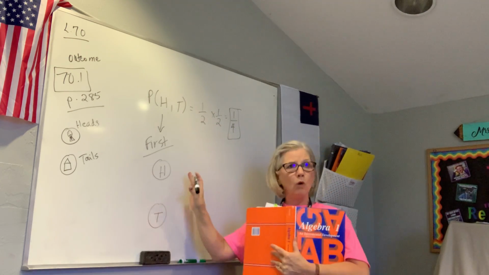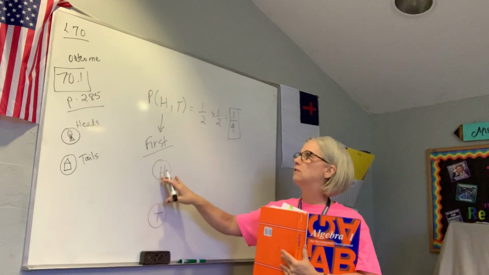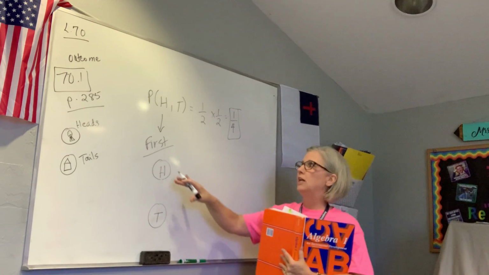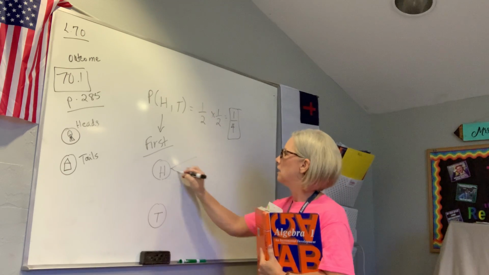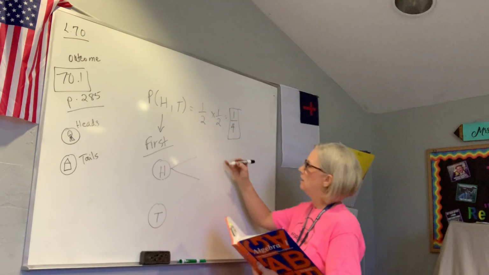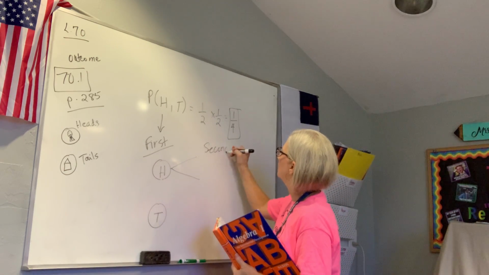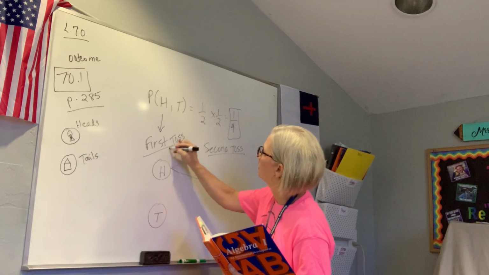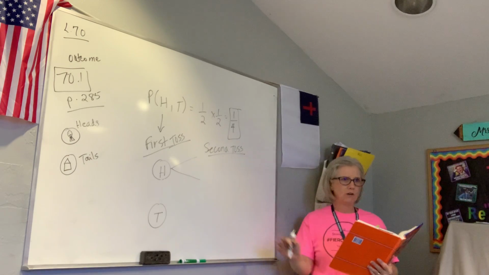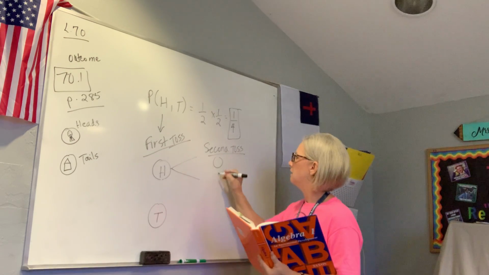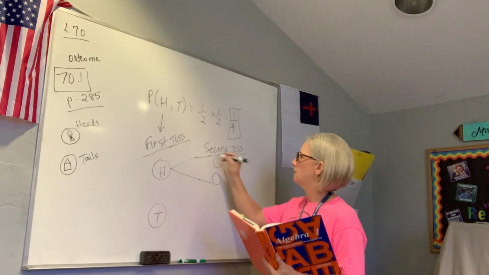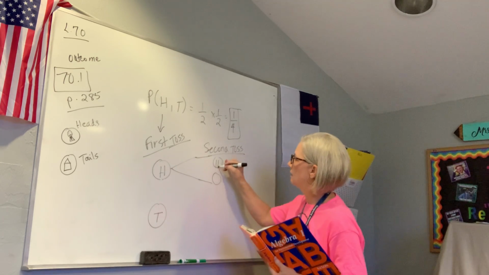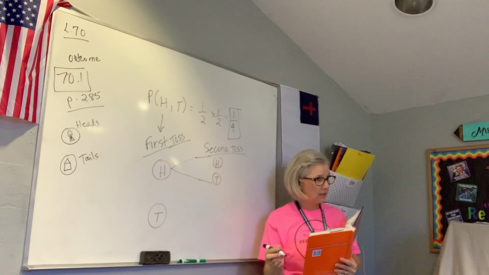If I flip and get heads first, now let's take this combination and flip the second toss. What are my possibilities over here? On the second flip, I could get heads or tails, right?